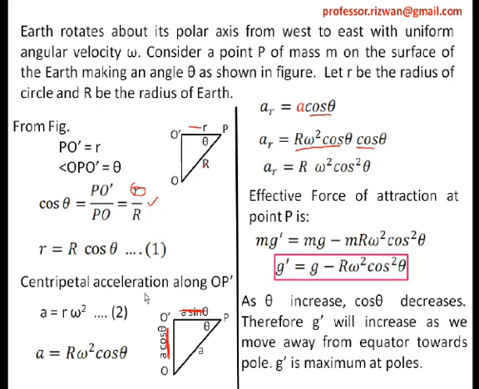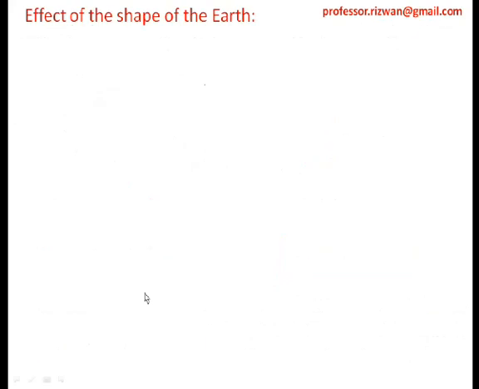You can understand that from this figure. So now we have seen all three points: the variation in g due to height, the variation in g due to depth, and the variation in g due to latitude and rotation of the earth. Three mathematical formulas came, and we have seen the physical interpretation very clearly.